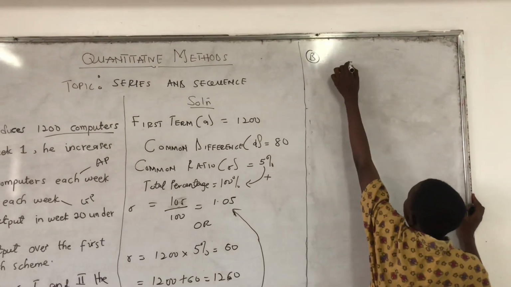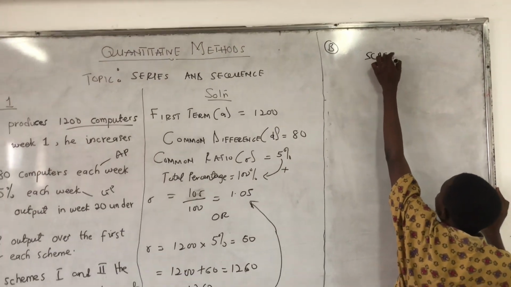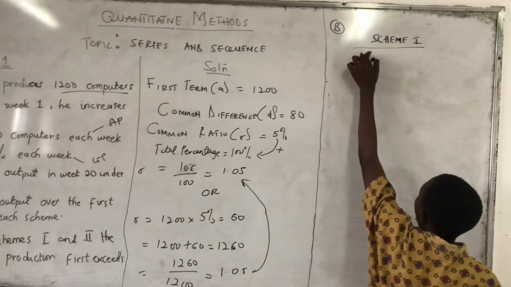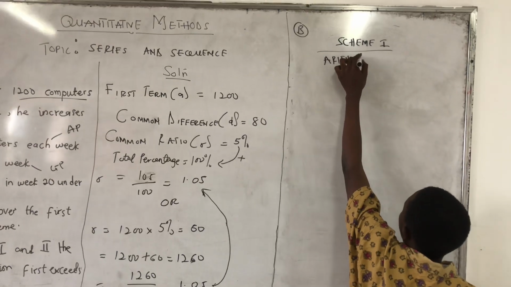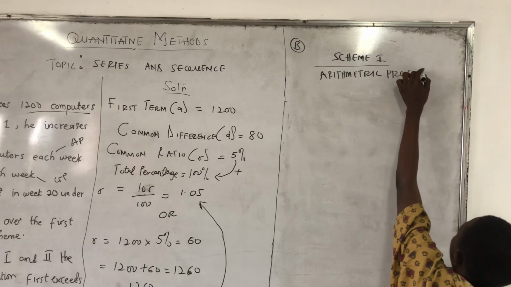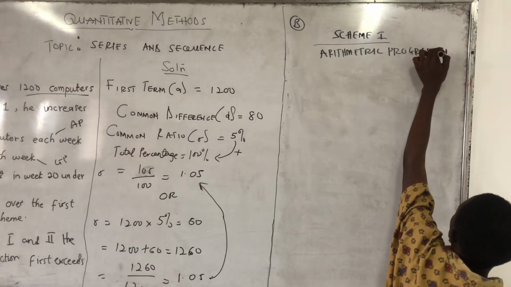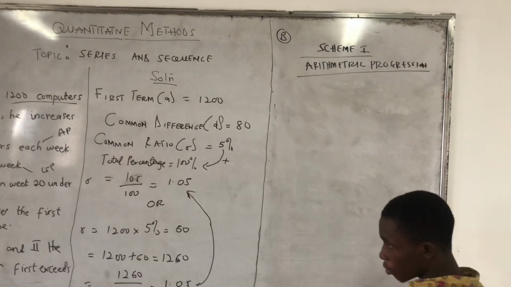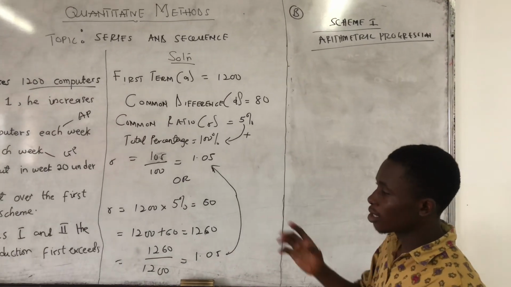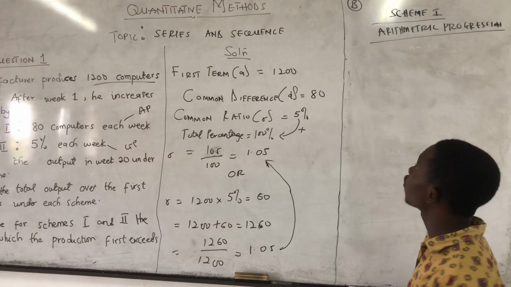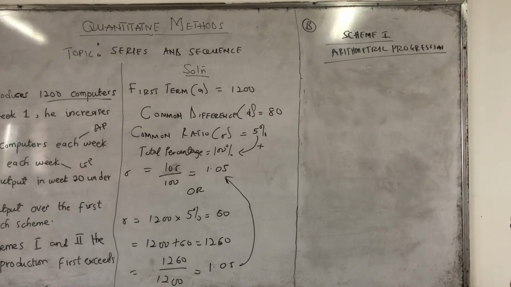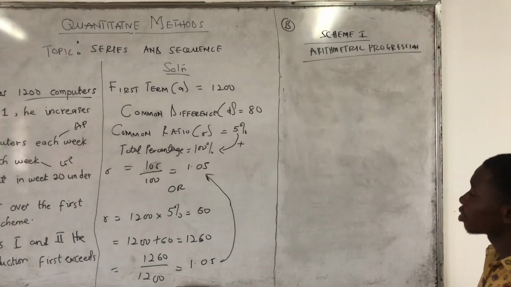We have scheme I. Scheme I, we know, falls under what? Arithmetic progression. How would you be able to identify whether, with the B part, I'm going to use the total output formula for arithmetic progression, or the normal output formula for the arithmetic progression?